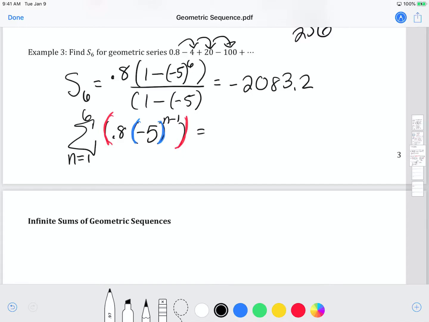When you do that, you should also get -2083.2. One other thing to note is that the variable button on your calculator uses X. So even though I'm writing down n's on my paper, you should be using your variable button and it will be coming up as X's on your calculator.